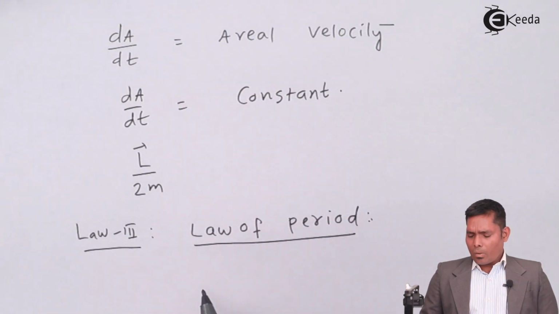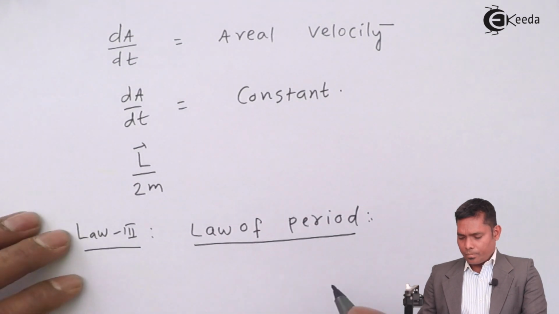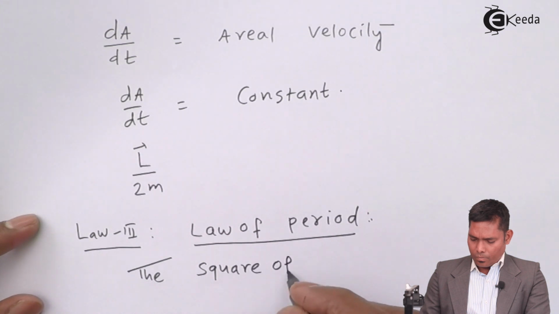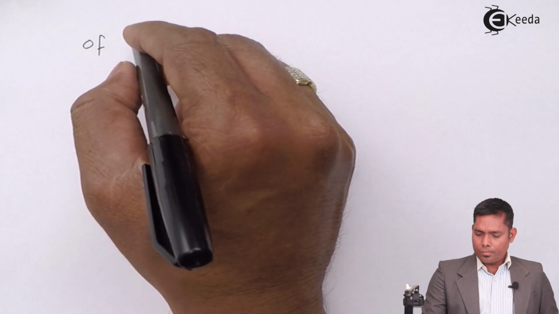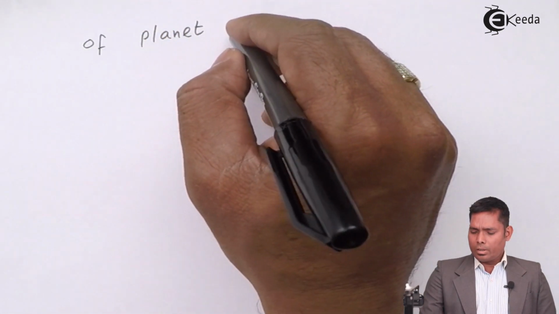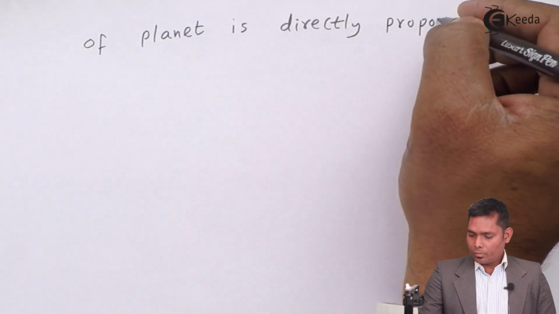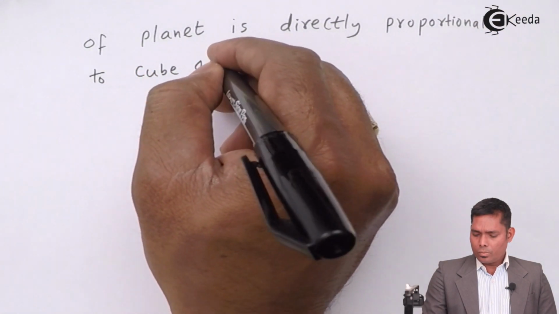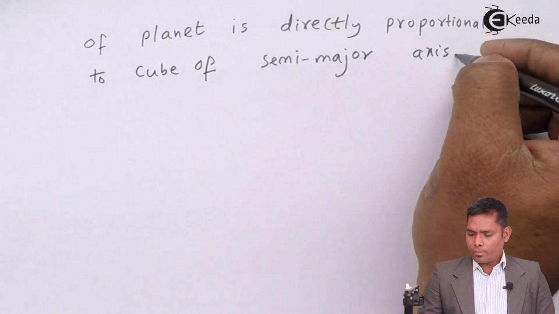It states that the square of the time period of a planet is directly proportional to the cube of the major axis.